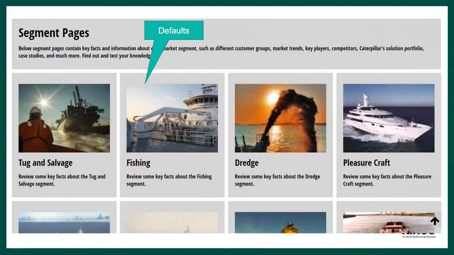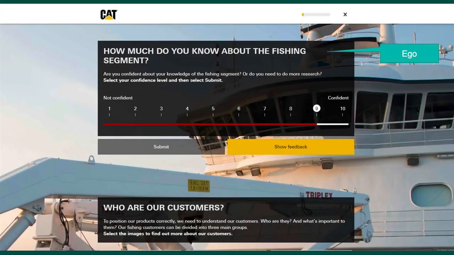The members of this organization work in different specialties, and so we provide the defaults so that they can instantly access a group of resources that default to their segment. Instead of assessing people through a quiz, a self-assessment is a really effective way to engage someone's ego.